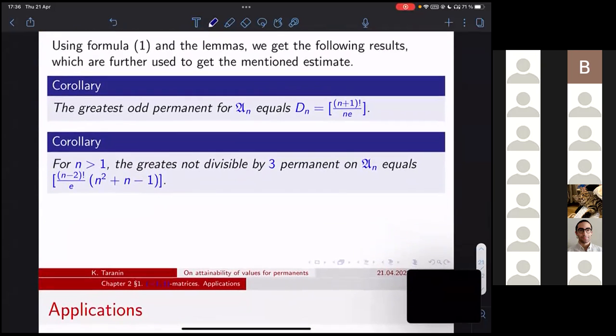And for example, consider the following function.